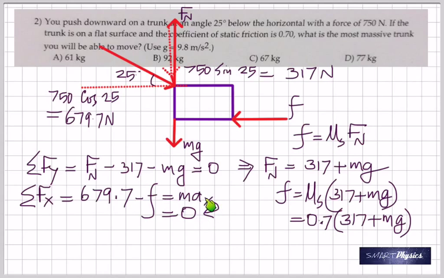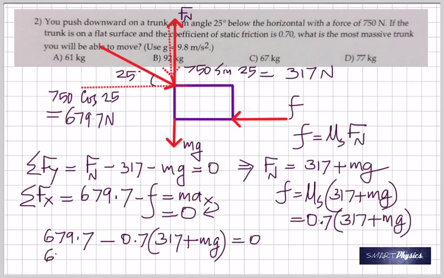So ax is 0 and the right side becomes 0, which again means that these two forces are equal to each other. I've now substituted the value of friction from here, and you just have to solve this equation.